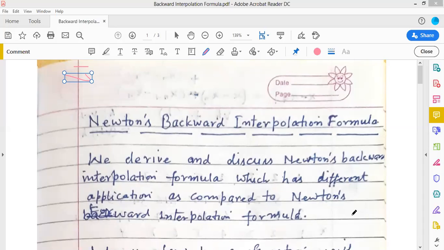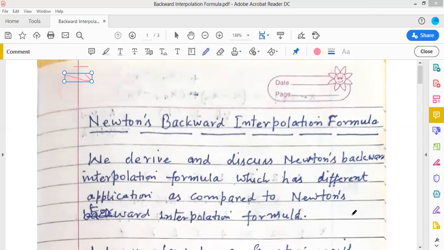And it is also seen that Newton's forward interpolation formula is also capable of extrapolating the value of the function a little bit backward from the beginning value of the data set.